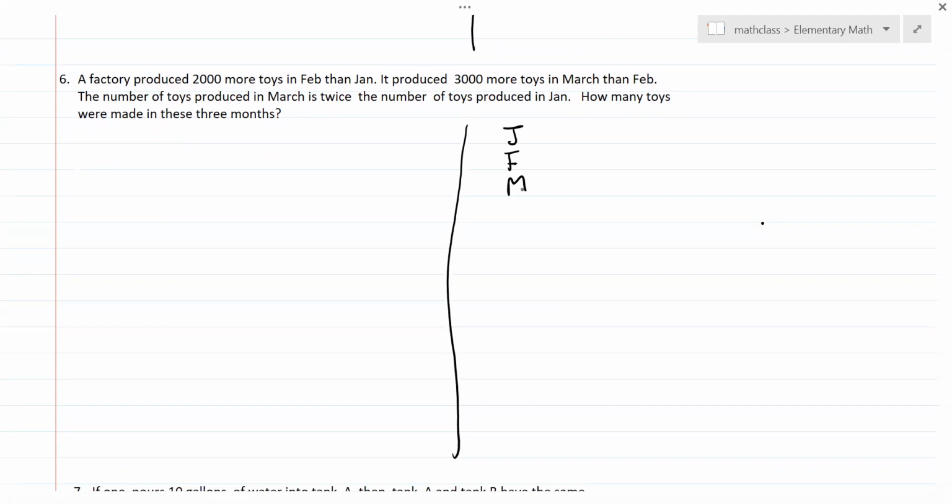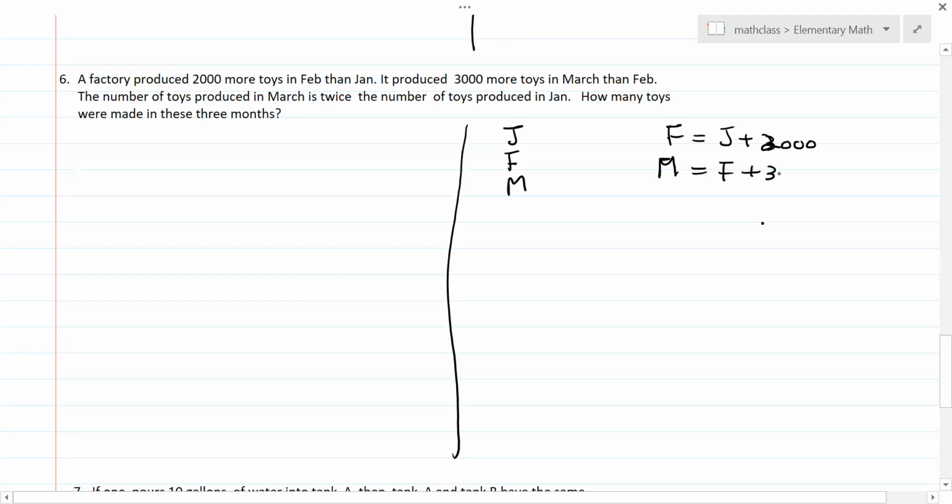Based on the first sentence, February equals January plus 2,000. Then March is going to be February plus 3,000. We also know that the number of toys produced in March is twice the number produced in January.